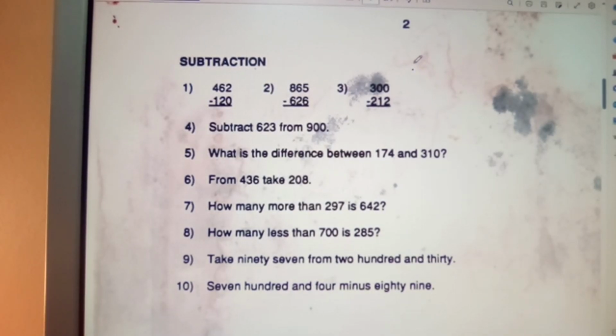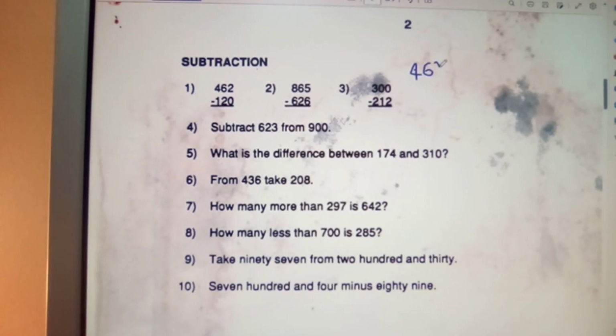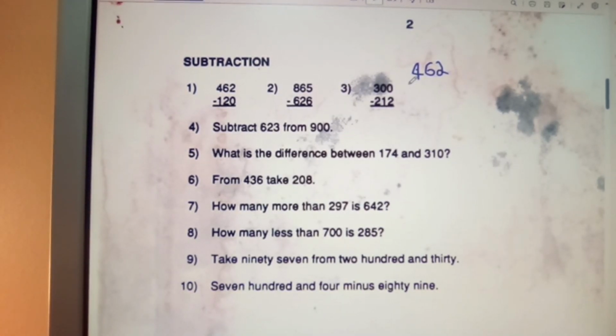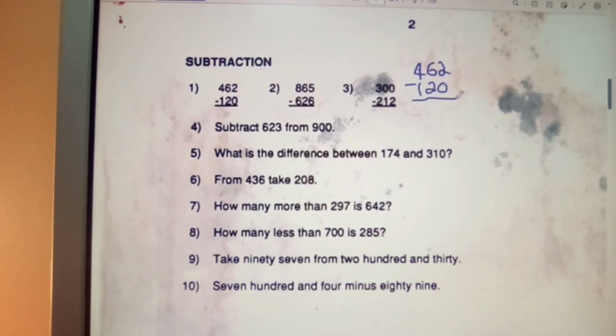So we have 462 minus 120. Okay. Two take away nothing leaves 2.